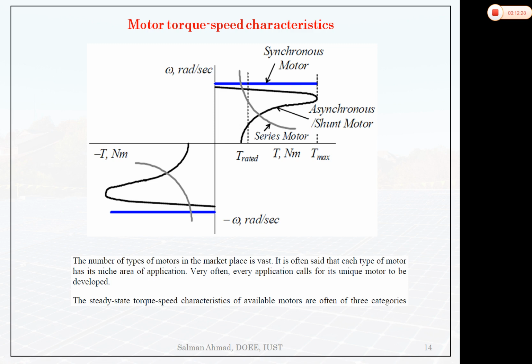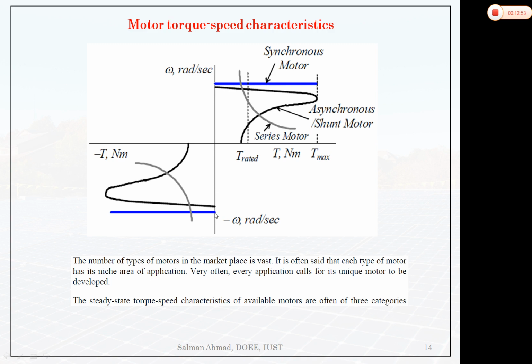Now think about the torque-speed characteristics of some motors that you already learned in the machine course. For the synchronous motor, you can see it is running at a constant speed. Synchronous motors are also known as constant speed motors. Torque is increasing but speed is constant.